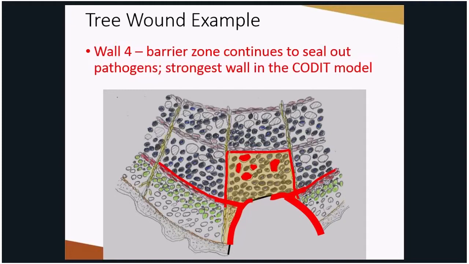And wall 4, again, is the barrier zone that started initially with this reaction in the cambium, but continues further growth to start to develop this new wood around here that eventually is going to encase this entire bit of wound or potential rot right there. So that's the strongest wall in the CODIT model. That's the barrier zone between the new wood, the wound wood that's formed on the outside, and the actual rot or decay that's on the inside.